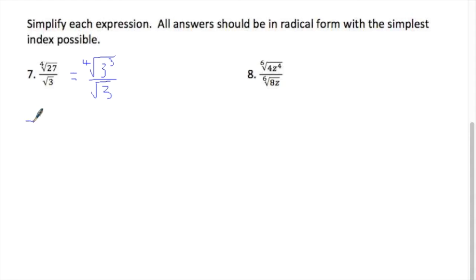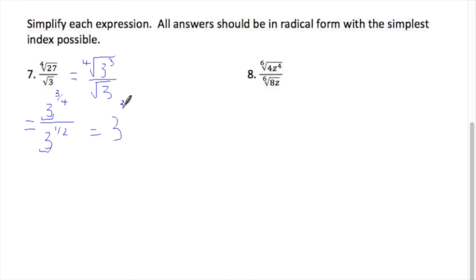Now I'm going to convert both of them into rational exponents. The 4th root of 3 cubed is 3 to the 3/4, and the square root of 3 is 3 to the 1/2. When we divide numbers that have the same base, here 3 and 3, we can subtract the exponents.